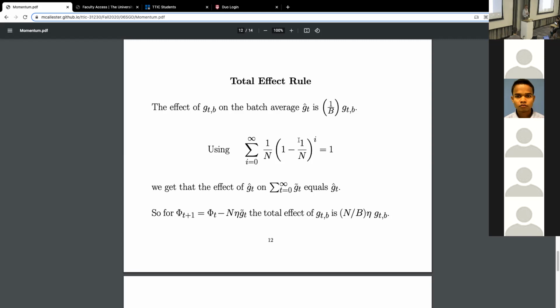Well, some estimate of the gradient arrives. That estimate of the gradient is contributing to this exponential moving average. So it's making a contribution to each update in the future, but that contribution is decaying exponentially, right? Because every time you make a step in time, the previous estimate gets multiplied by 1 minus 1 over n.